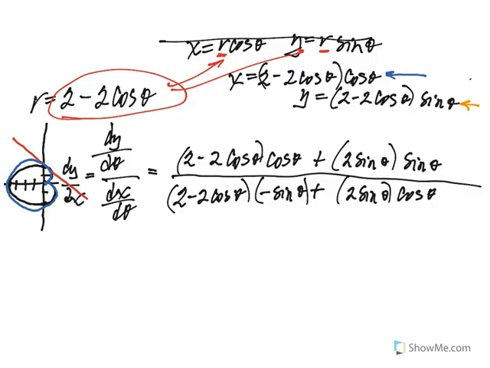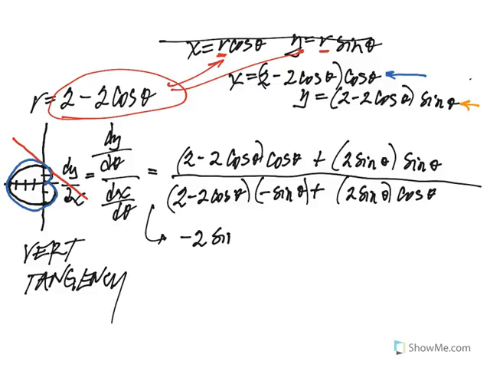Now, one last thing. Let's say I'm looking for points of vertical tangency on my graph. Vertical tangency implies that it has undefined slope, which means the denominator is equal to 0. So I'm going to take this denominator and simplify it.